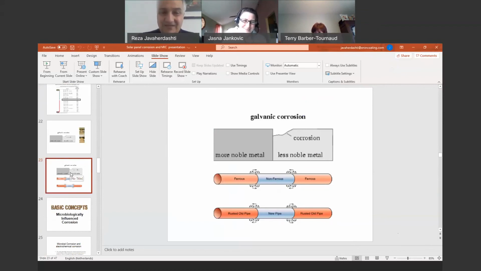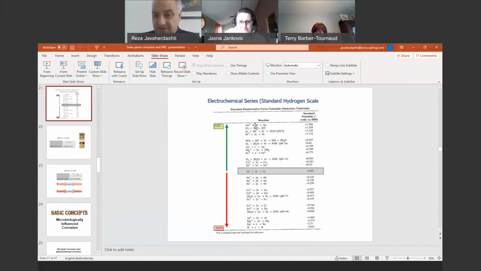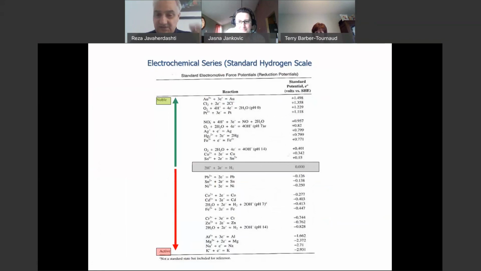But one thing is about this electrochemical standard scale. If you remember, I said that this is one of the three tricks that we have in electrochemistry to address anode and cathode.